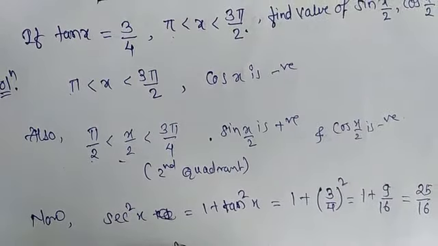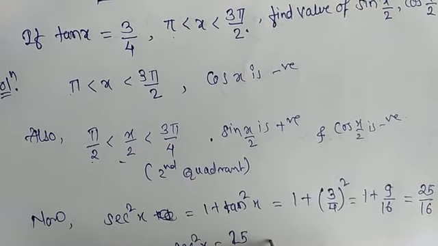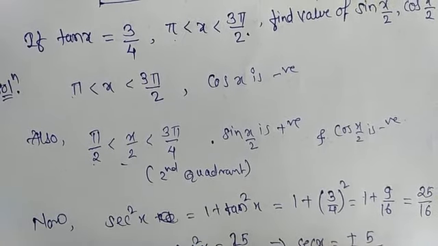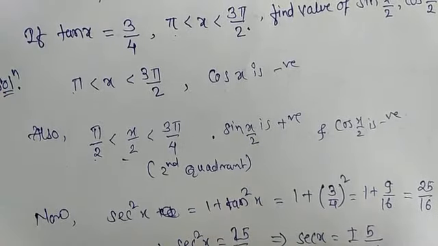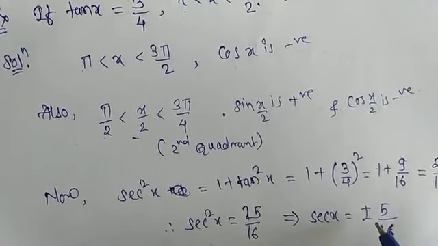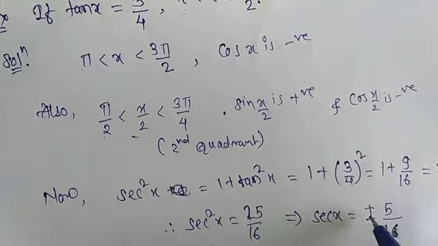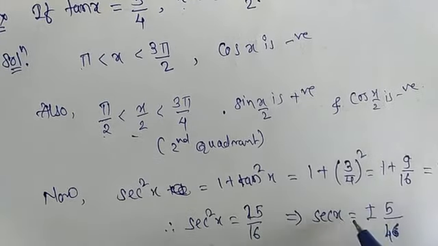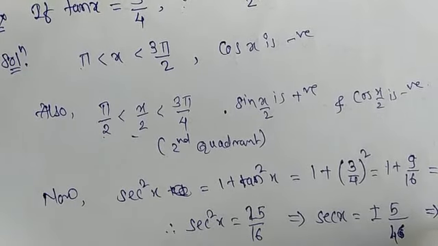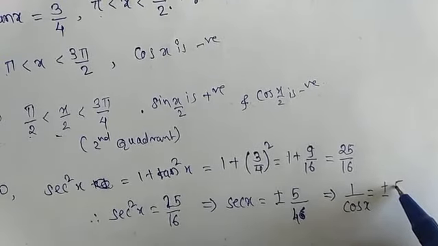Therefore sec square x is equal to 25 upon 16, which implies that sec x is equal to plus or minus 5 upon 4, since the square root of 16 is 4. Sec means 1 upon cos, which implies that 1 upon cos x is equal to plus or minus 5 upon 4.